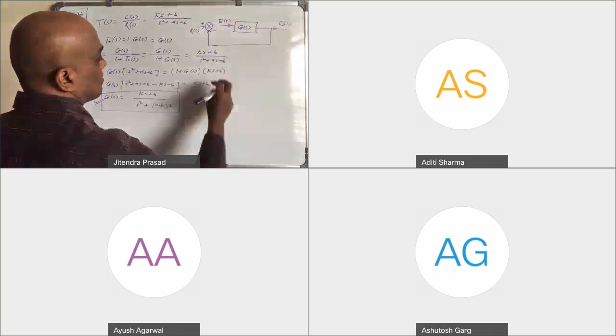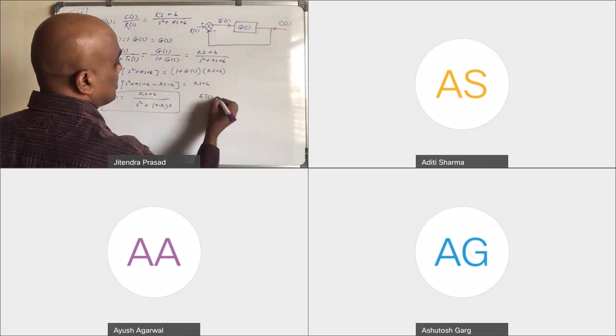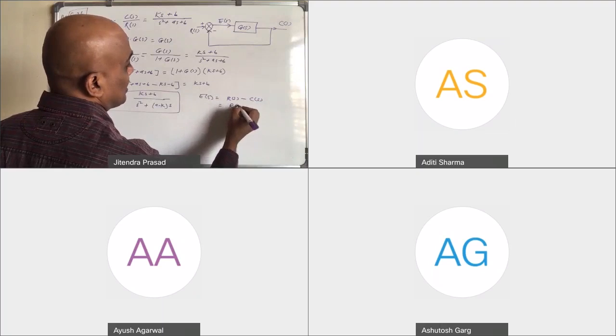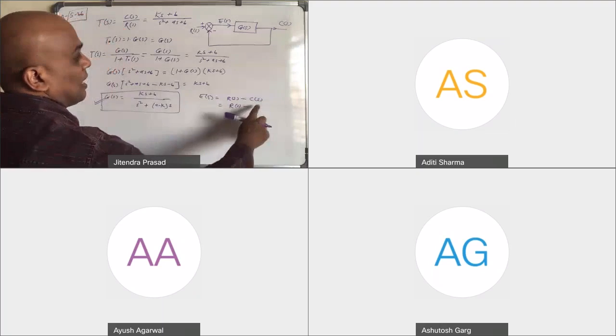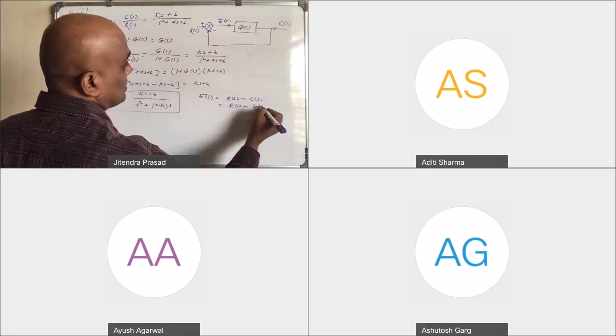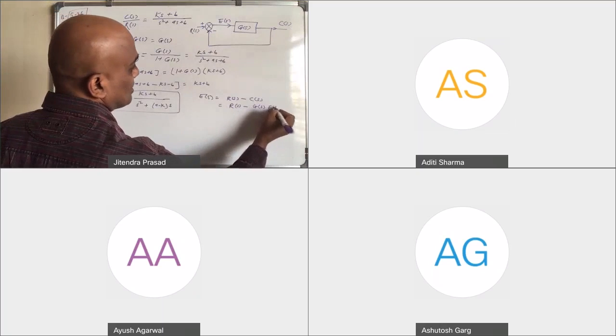So E(s) will be equal to R(s) minus C(s), equal to R(s) minus G(s) multiplied by E(s).